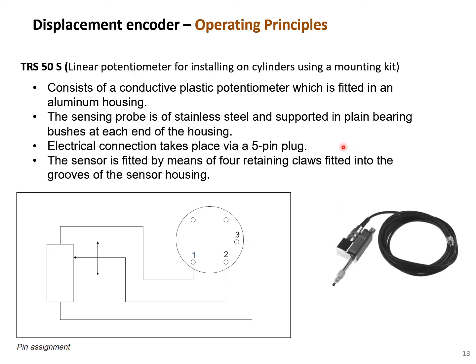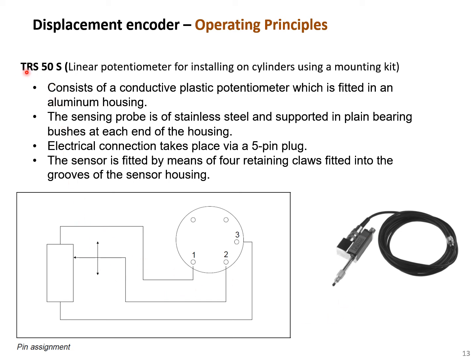Another type of sensor that we have on the MPS 500, but which could also be found on a variety of assembly lines, industrial operations and automation systems, is displacement encoders. They are basically a potentiometer, which could measure distance.